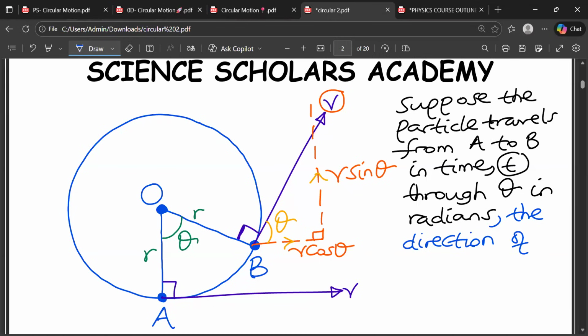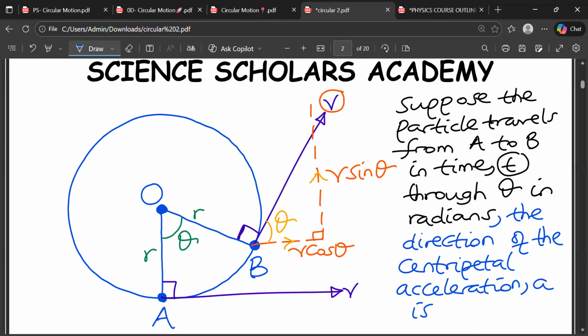The direction is AO. That's what I wanted to tell you. I think people can see that AO simply means that we are acting towards the center because our center is O. So it should be A to O, and O is the center, so it's towards O, like that.